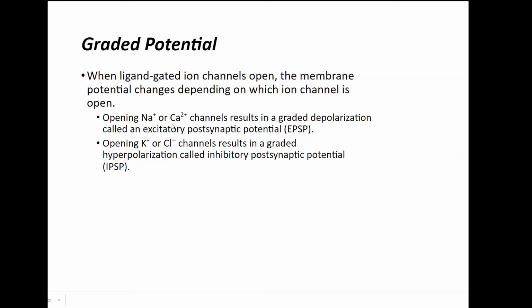Here we're going to come up with some slightly more specific terms, but they're really just the same thing we talked about before. So if we open a channel that allows positive ions into the cell, and those positive ions would be sodium or calcium, this is going to cause depolarization. So we'd call it an excitatory stimulus.